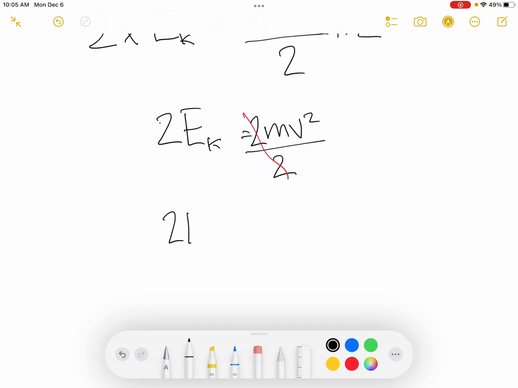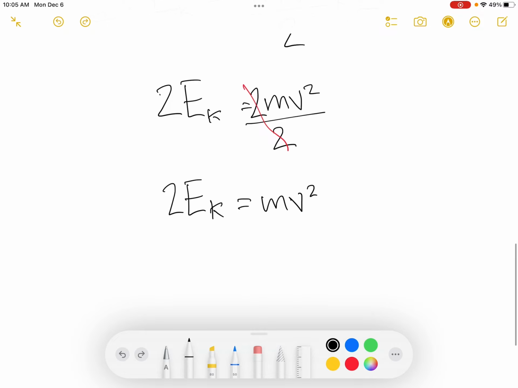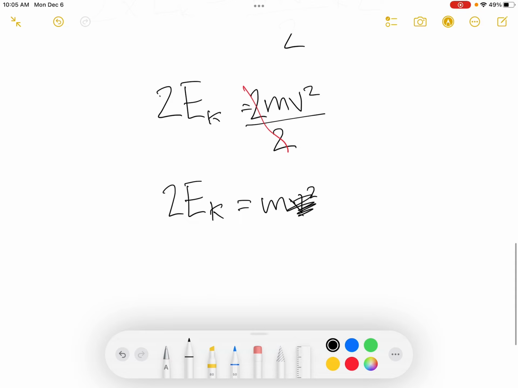So let's rewrite this again. 2ek is equal to mv squared. Remember, we're trying to isolate for m. So let's get rid of this v squared here. How are we going to do that? What could we divide v squared by in order to get 1? That's our second superpower. So v squared divided by v squared. Of course, whatever we do on one side, we have to do to the other.